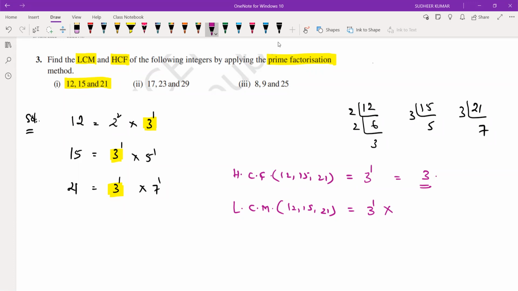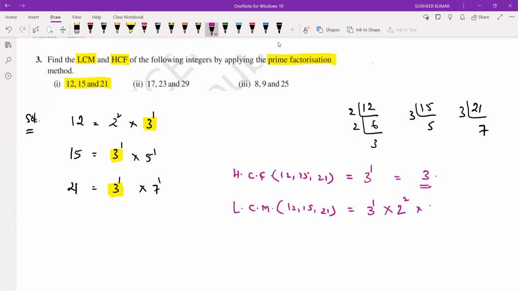Is there any two numbers having the same base? No, only 3 we have taken. If there is, then you should write the same base with the highest power. And the remaining all we should multiply.